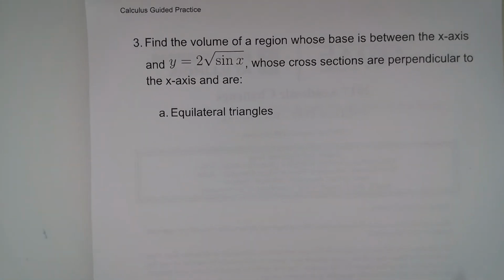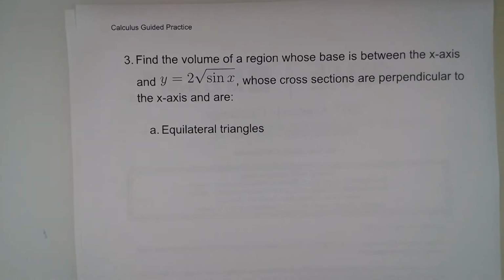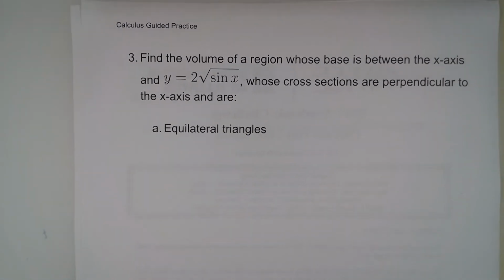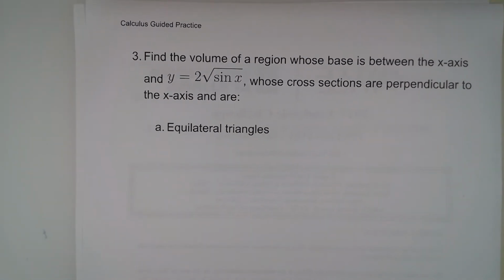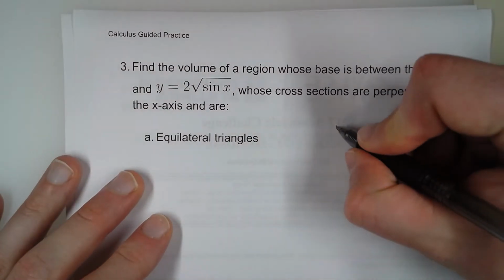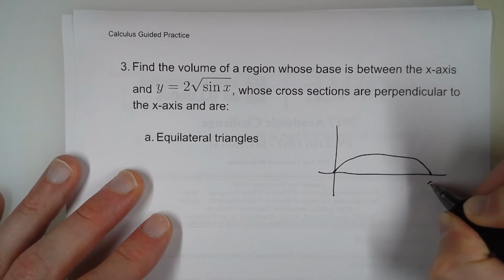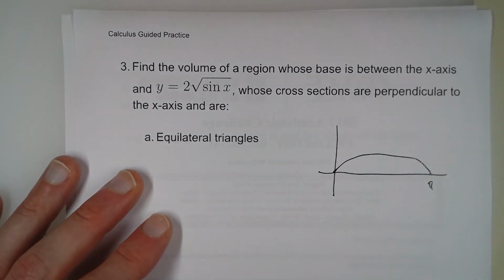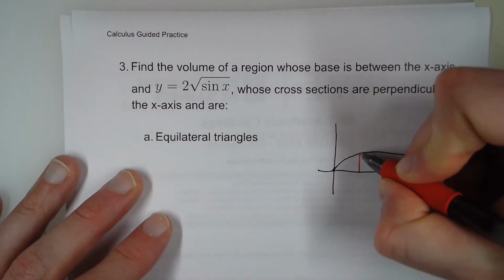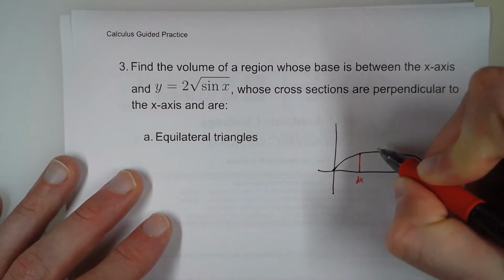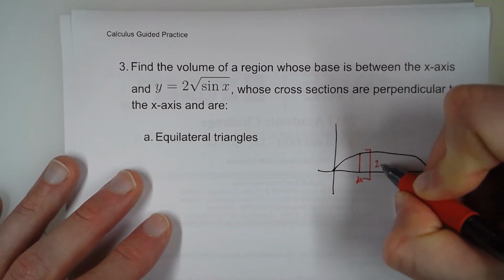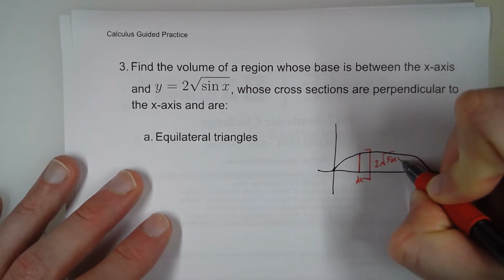For number 3, here we have the region of y equals 2 square root of sine x. And it goes from 0 to pi. And so our slice is right here with a thickness of dx and a height of 2 square root of sine x.